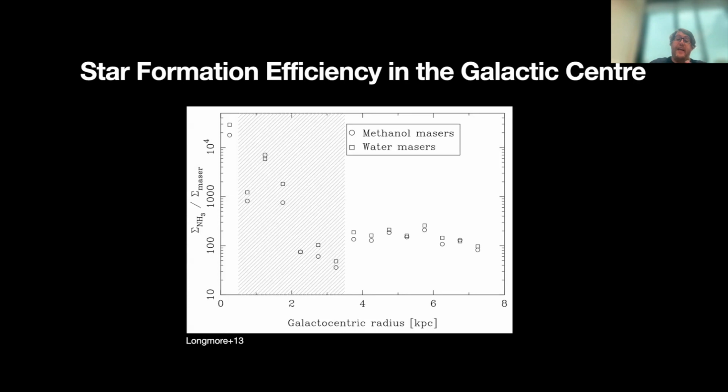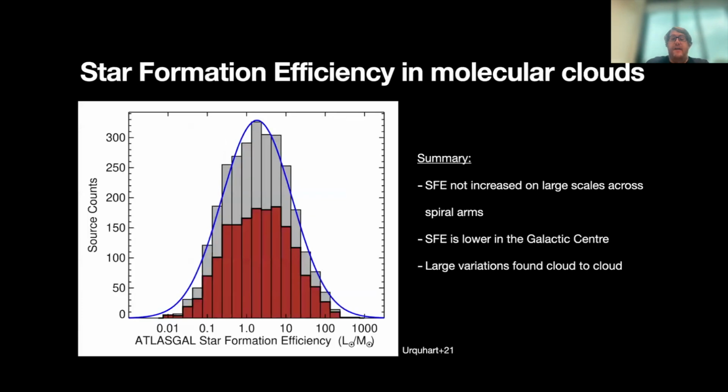And again, just to hint at it, there's no obvious positioning of these spiral arms. So again, this hints that spiral arms aren't really increasing the efficiency of star formation. This is just a brief interim summary of what we've found: the star formation efficiency is not increased on large scales, especially by the spiral arms.